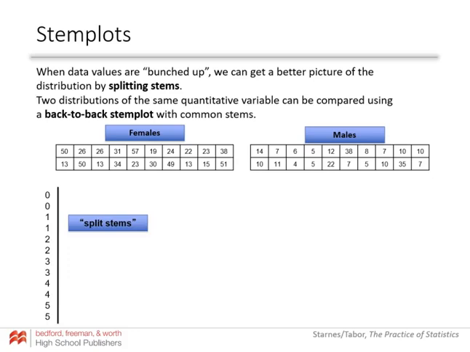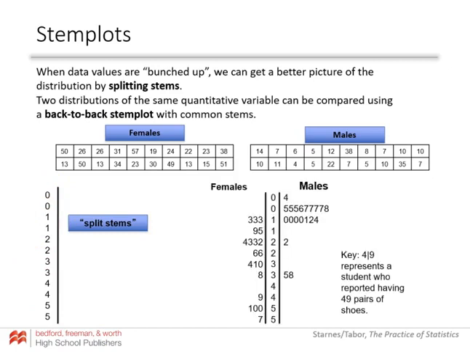So here we're going to split the stems. So for every stem that we have from 0 to 5, we're going to put 2. And like I said, these will go from 0 to 4 and then 5 to 9, 10 to 14, 15 to 19. All right, and then we're also going to do the back-to-back stem plot.